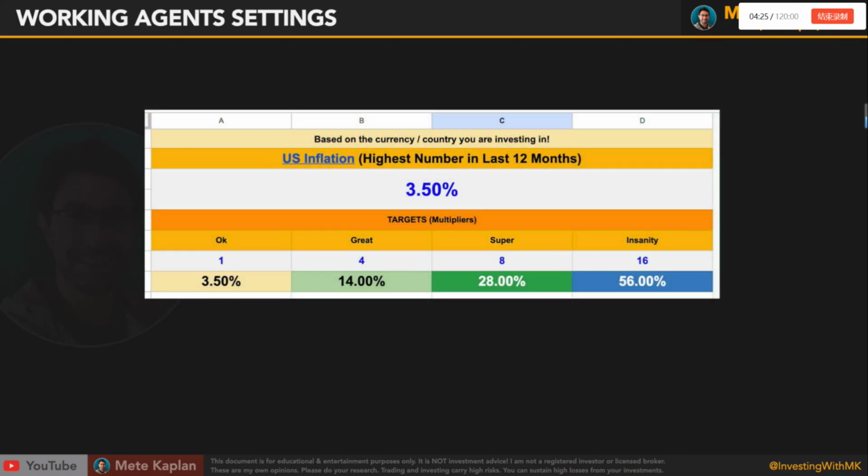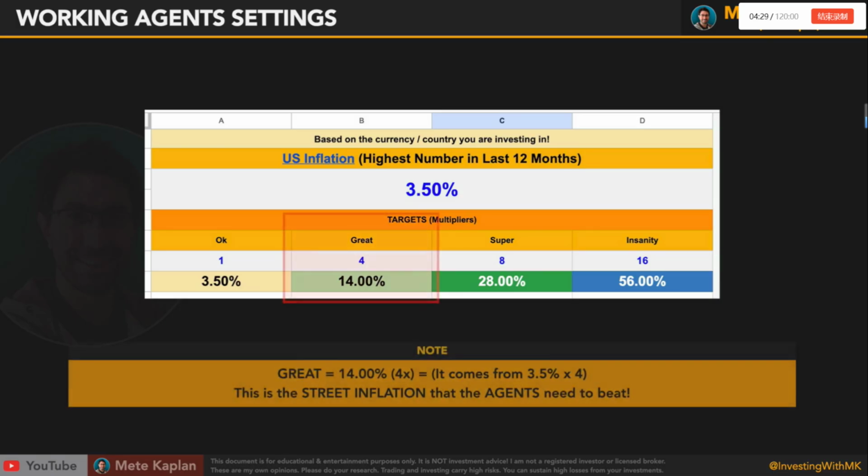So I write down 4 as my multiple here. It is very simple math. It is just a multiplication of 3.5%, which is the government inflation, and the number 4. This gives me an idea of an average street inflation in the United States to beat. So my agents will try to beat the street inflation as well.